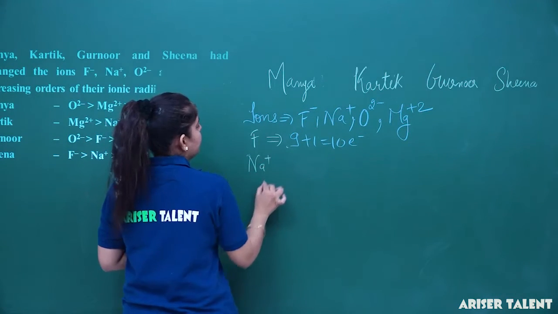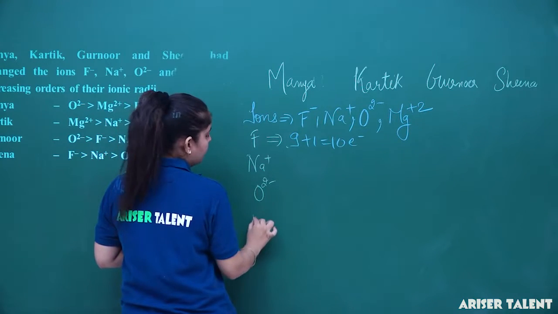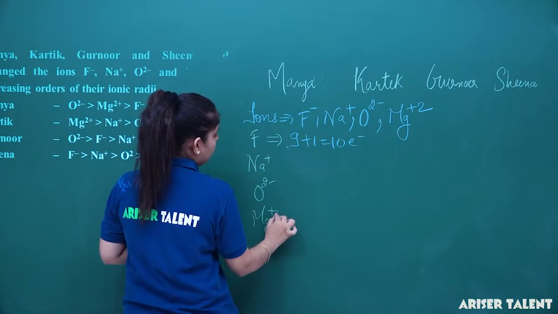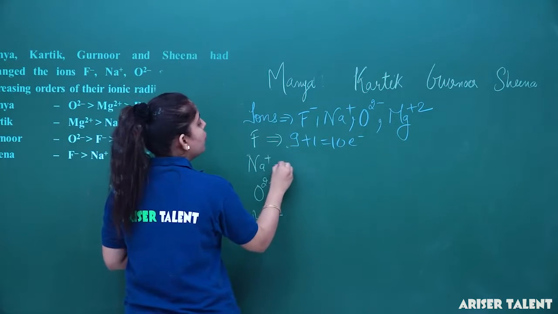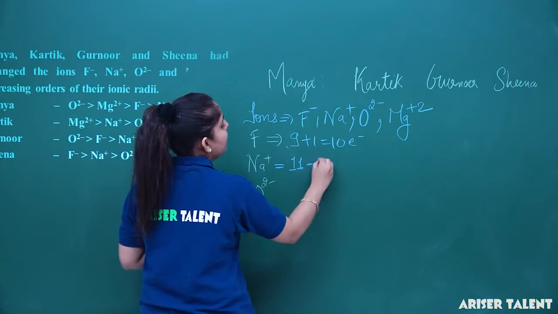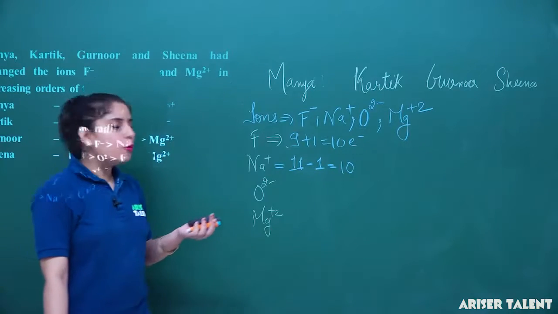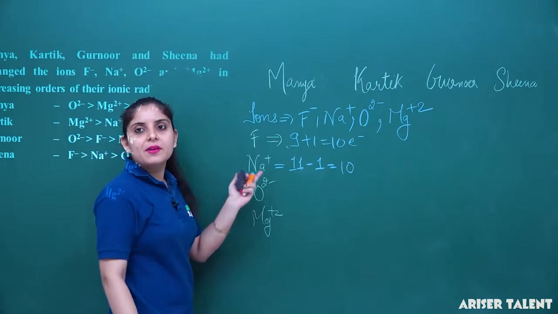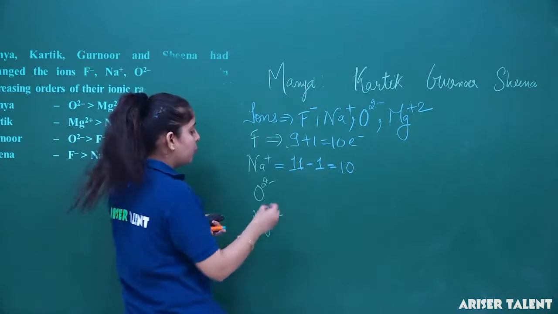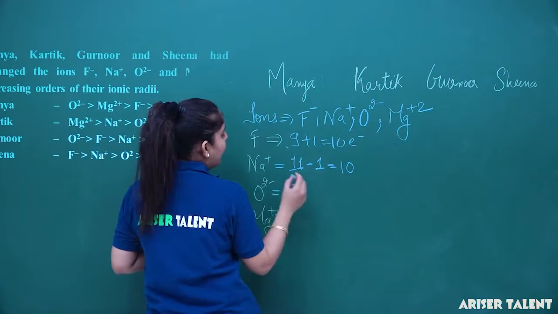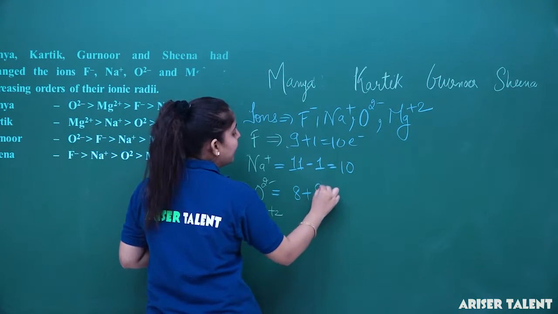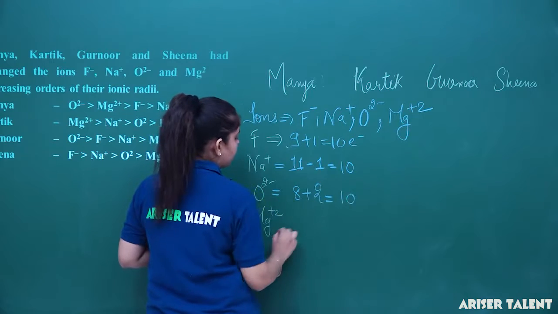Sodium plus, O2 negative, Mg plus 2. For sodium positive, I have 11 minus 1, that is equal to 10 electrons. Why am I subtracting 1 electron here? Because Na positive is given, it means it has lost 1 electron. O2 negative, again oxygen has atomic number 8, 8 plus 2, 10.